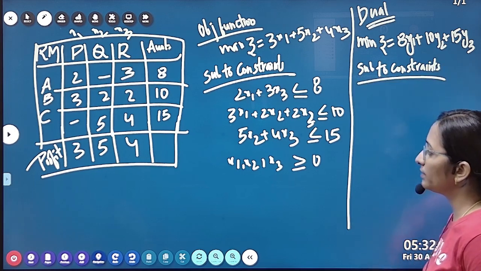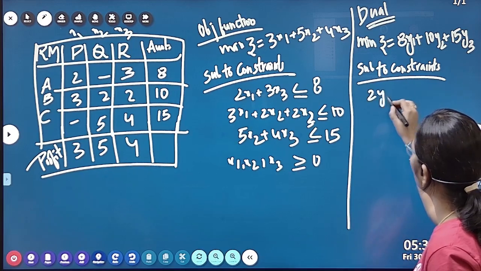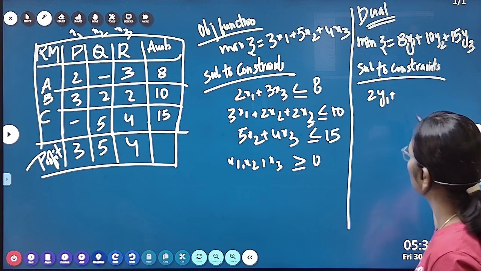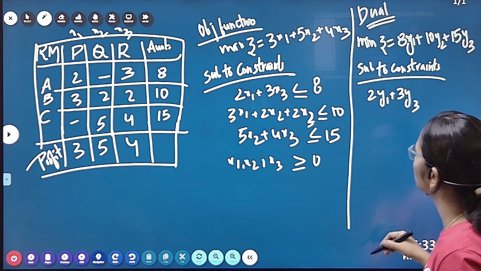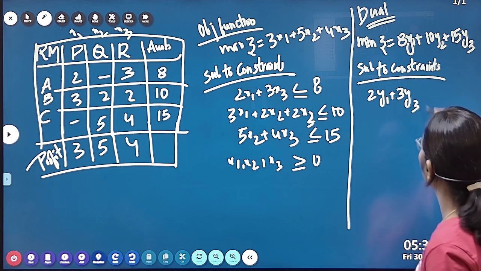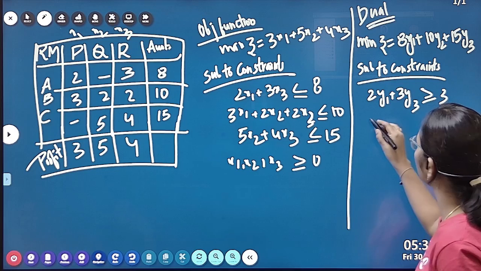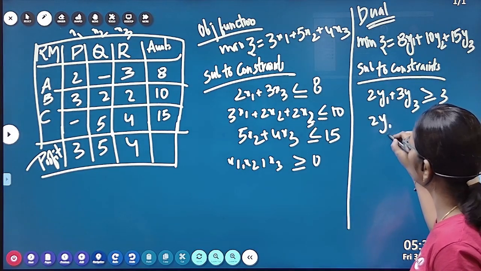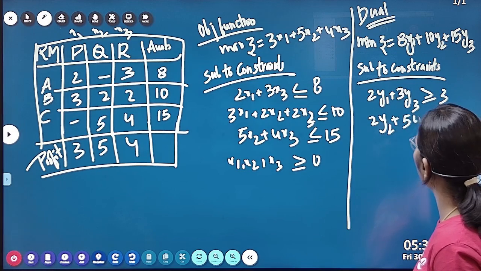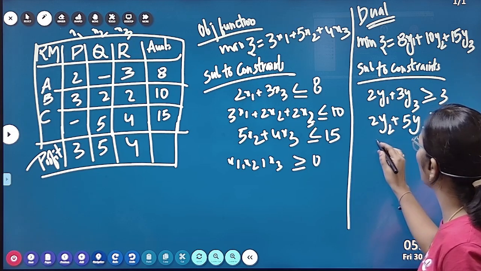Next, subject to constraints. Subject to constraints will be 2y1 plus 3y3 greater than or equal to 3. Next, 2y2 plus 5y3 is greater than or equal to 5.